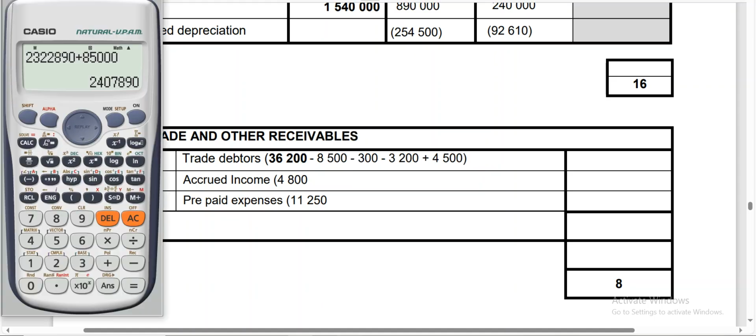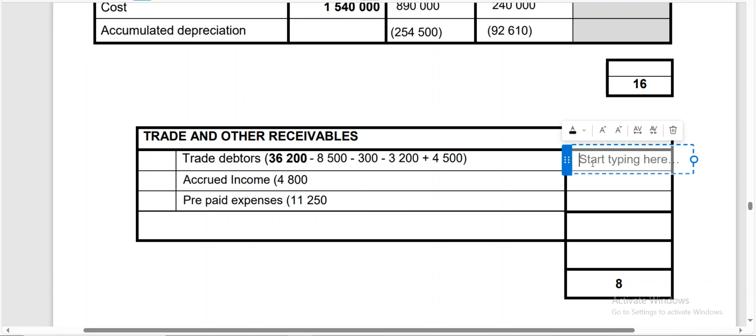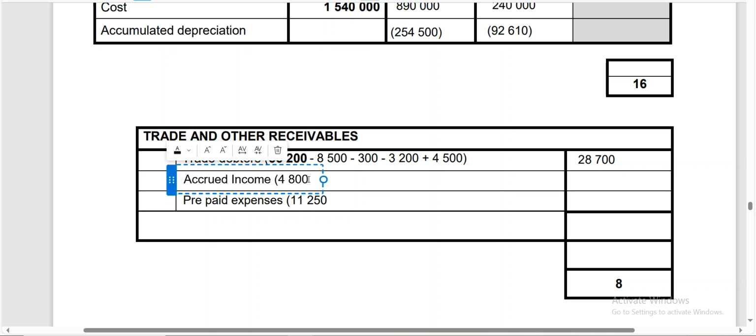If we say 36,200, then minus 8,500, minus 300, and then minus 3,200, and then plus 4.5, it is going to give us 28,700. So I'll have that 28,700 here.